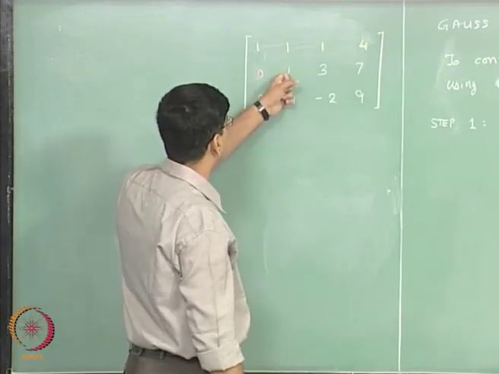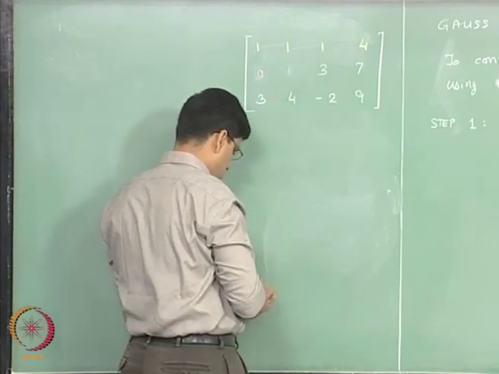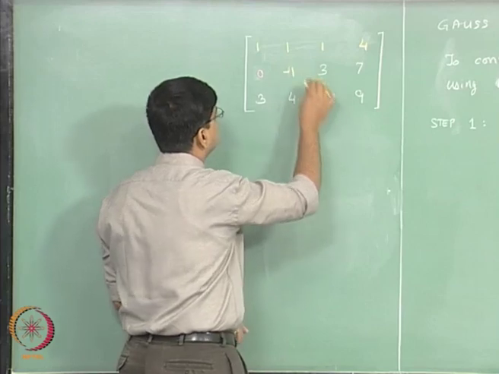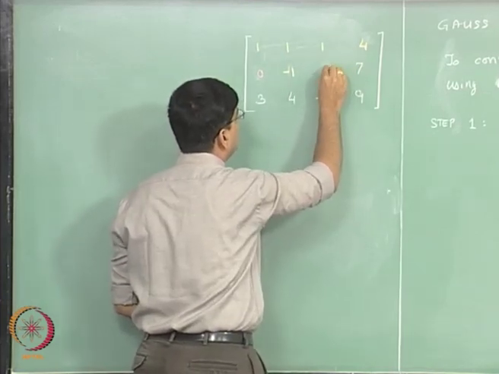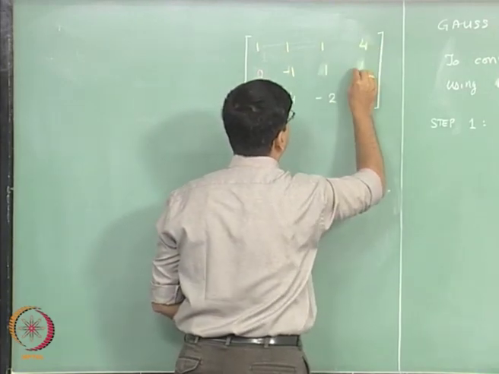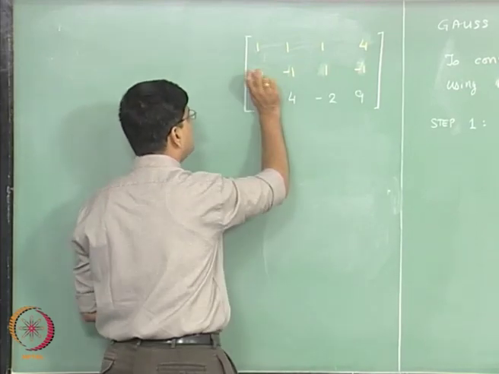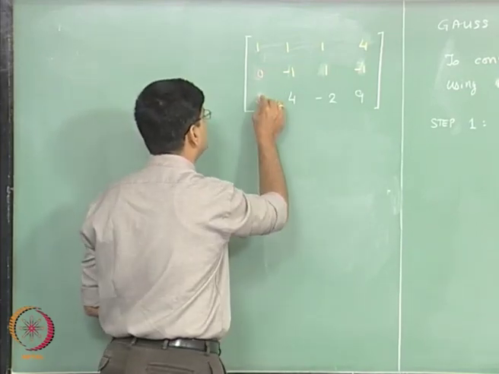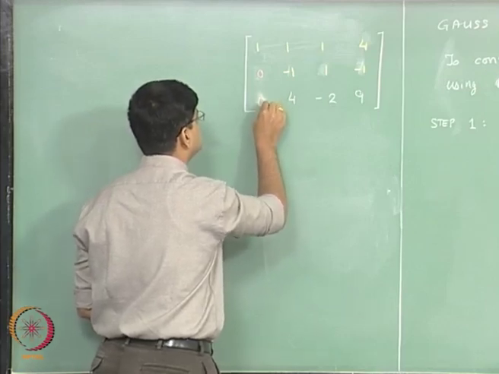So this is going to be 1 minus 2, which equals minus 1. This is going to be 3 minus 2, which equals 1. This is going to be 7 minus 8, which equals minus 1. This 3 is automatically converted to 0, so we will not do this particular step at all, we will just change it to 0.